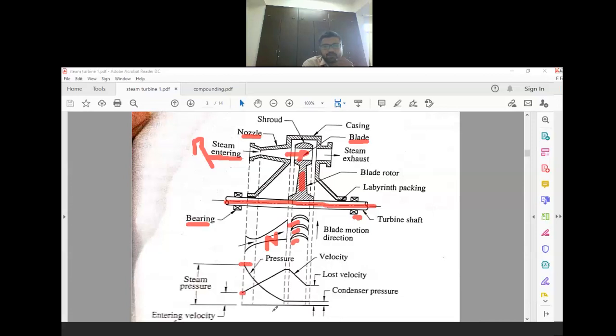Now this is the section for the nozzle. In nozzle, pressure reduces suddenly and velocity increases. Clear? And then we are utilizing that high velocity in the moving blade. So this is basically the working principle.